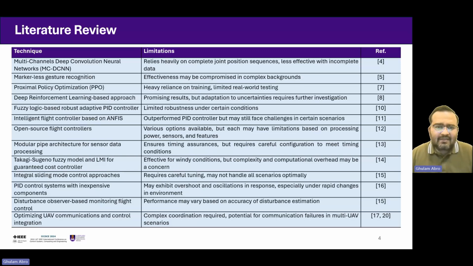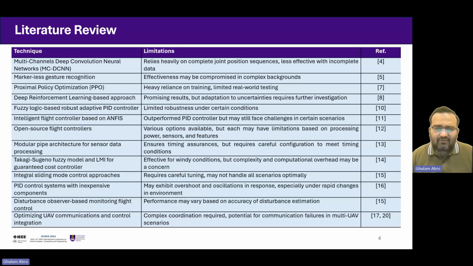And above all, if we move further to our literature review, you can see the latest approaches. You can see they have so many limitations. In some of the algorithms PID has been performing very well, but then suddenly in new scenarios it has been outperformed by another algorithm. In some of the algorithms there is limited robustness under certain conditions, but once conditions change, the robustness decreases.